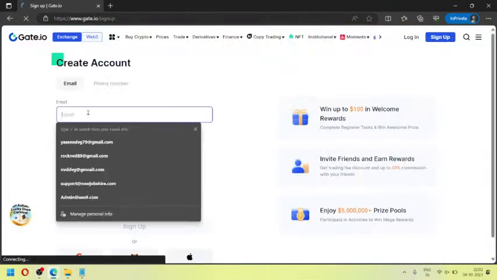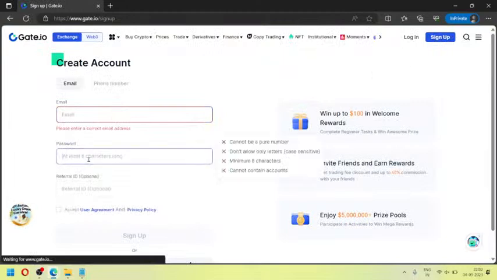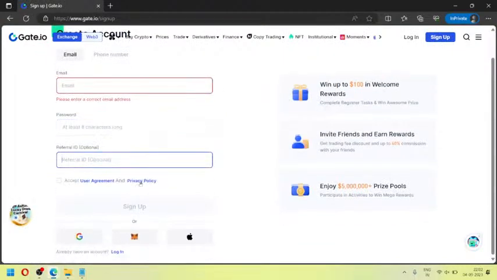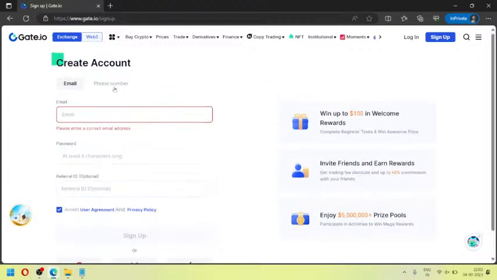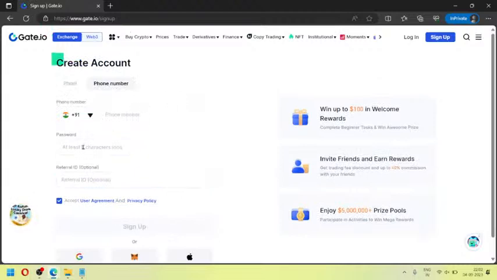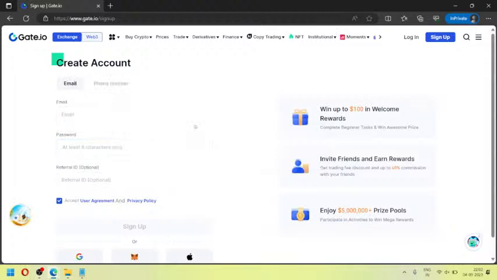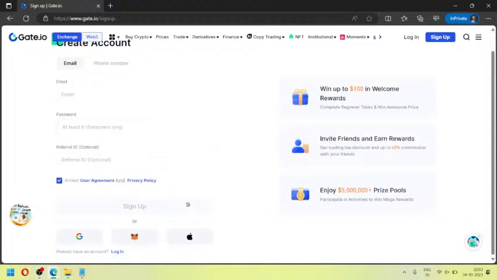Just sign up. Here you can enter your email ID, your password and your referral ID, meaning my ID. Accept this and sign up, or you can directly sign up with your phone number and password. After this, you will get a confirmation on your phone number or email ID. Just enter it and register.